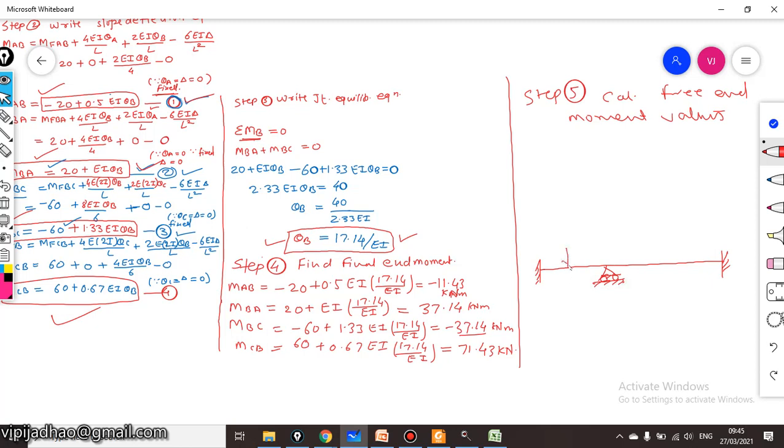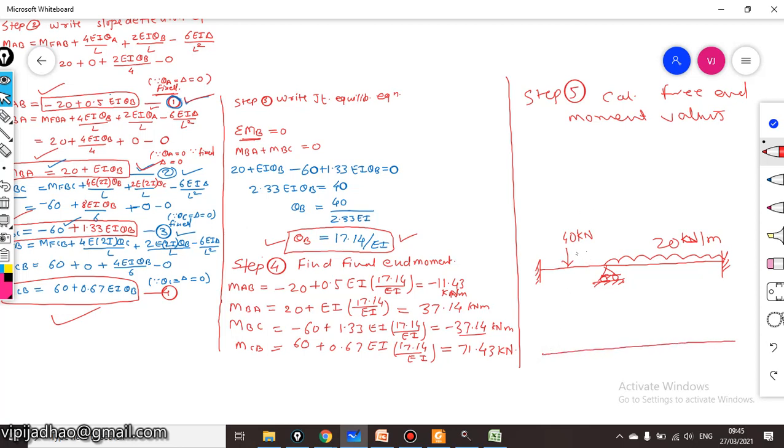It is subjected to some loads: 40 kilonewton, and here 20 kilonewton per meter. We have to calculate the free end moment values first.